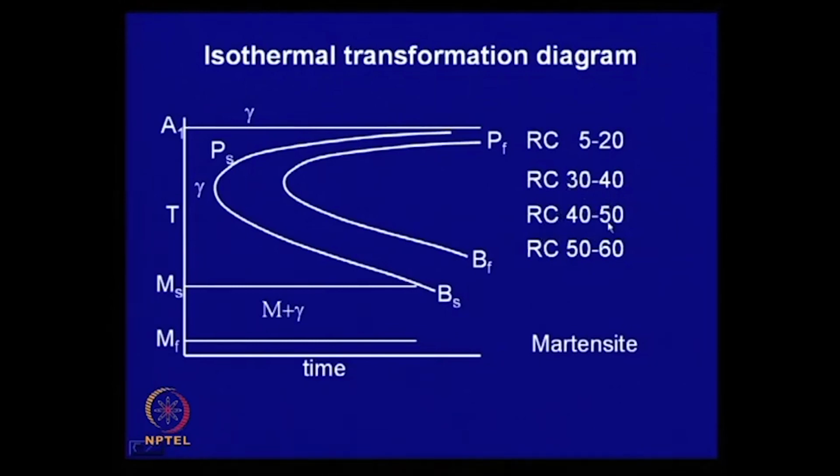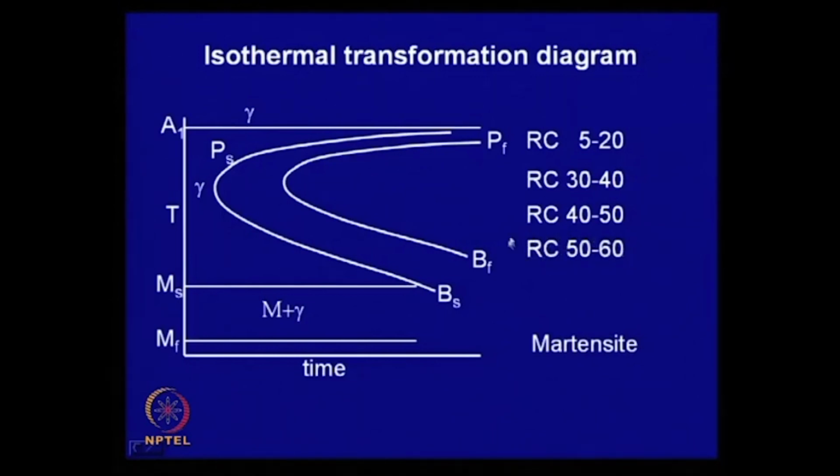You have a slightly different structure, this is also ferrite plus carbide, but the way the carbides are present, they are not long plates of cementite, these are broken cementite plates, but very similar, closer to lamella, whereas in this particular case the carbides are still finer and the ferrite grain where this carbide precipitates has a slightly needle like structure.